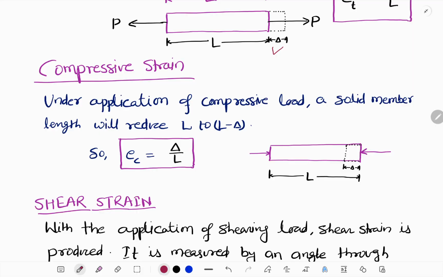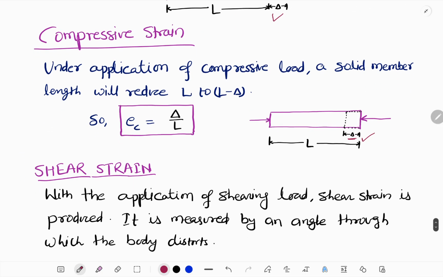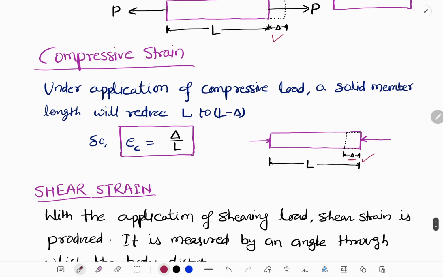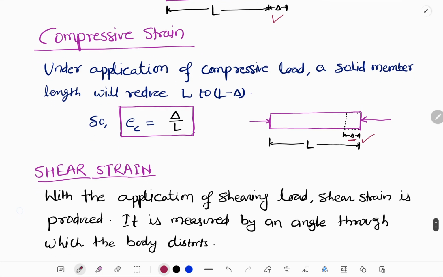The original length is L and it decreases by delta. In the same fashion, we define the ratio of change in length, delta, to the original length. So compressive strain is defined in this fashion.